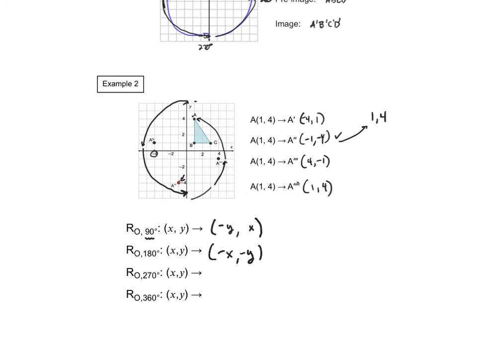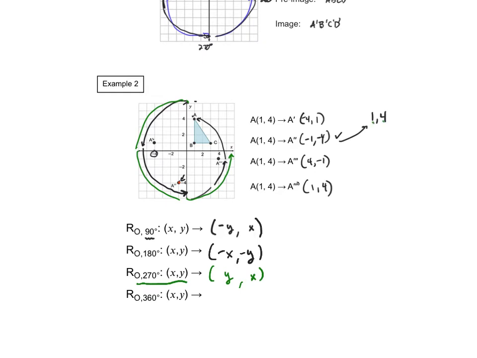Let's see, what happened is we went to 270. So we started here and we went 90, 180, and 270. So right here, it looks to me like I have 4, -1, which is going to be the opposites, because it is 1, 4 starting off.